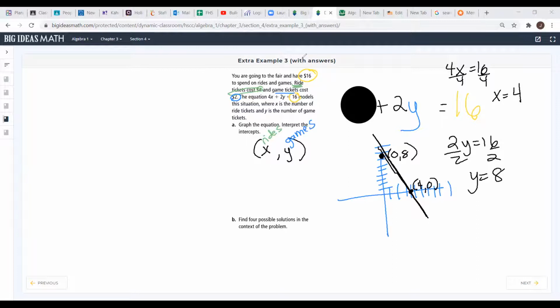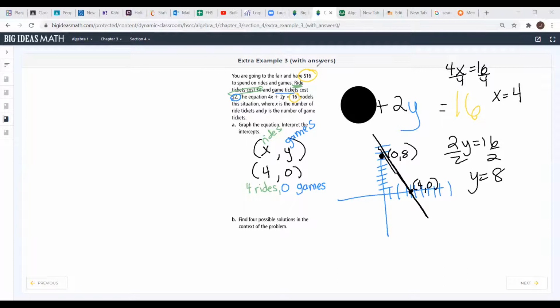So if my intercept is 4, 0, that means with my money, I can do 4 rides, but if I do 4 rides, I can't play any games because the rides cost $4 a piece.